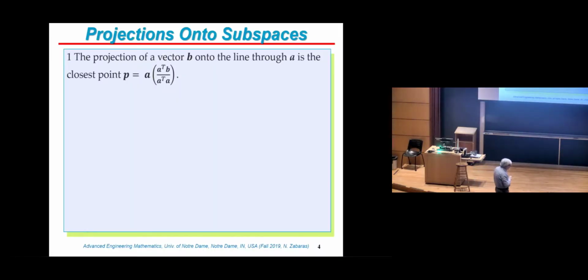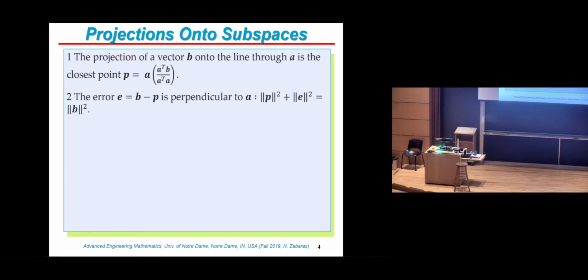So we're going to take a line that is parallel to this vector A, and we're going to project the vector B onto that line, and we're going to calculate that the projection of B onto the line A is given by this nice vector. Obviously, it's in the direction of the line A, times this coefficient that involves A transpose B divided by A transpose A. So we'll just do projections onto a line, and we will derive this formula today.